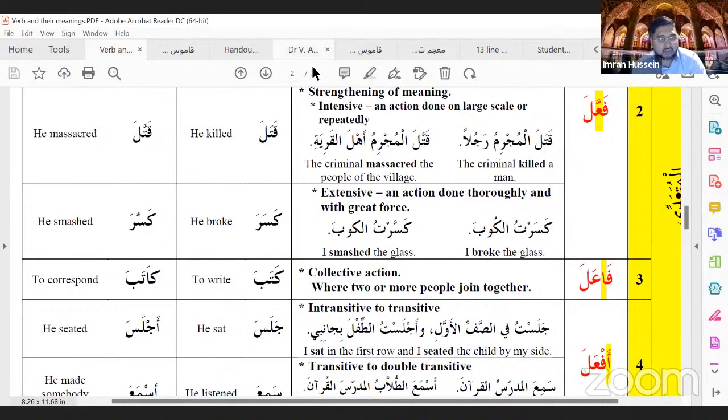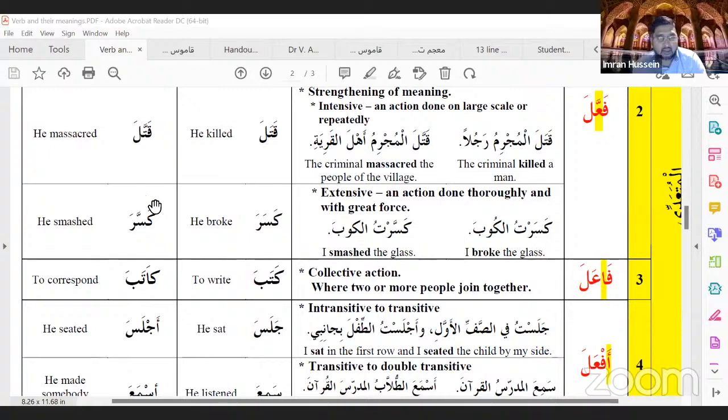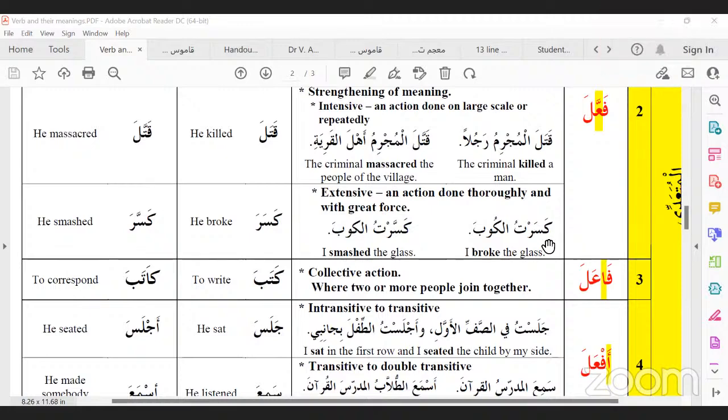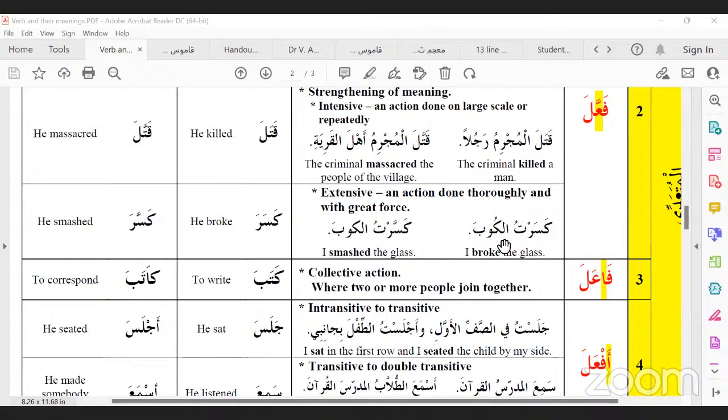Okay. Next person will be on the mic, Sister Mukarrama Walji. Alaikum salam. Bismillah. Now this one here. Kasara, he broke, and kassara. Kasartul kubba. I broke the glass.